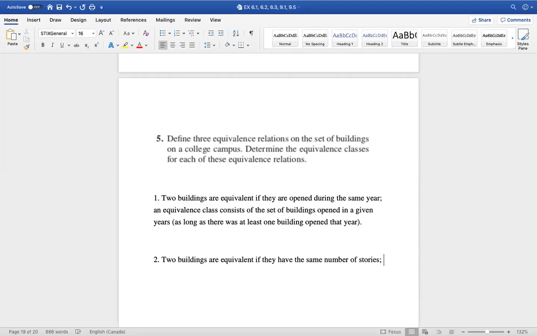The equivalence classes are, for example, the set of one-story buildings, the set of two-story buildings, and so on, right?